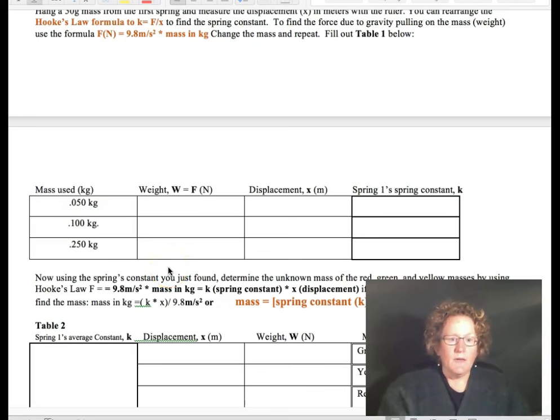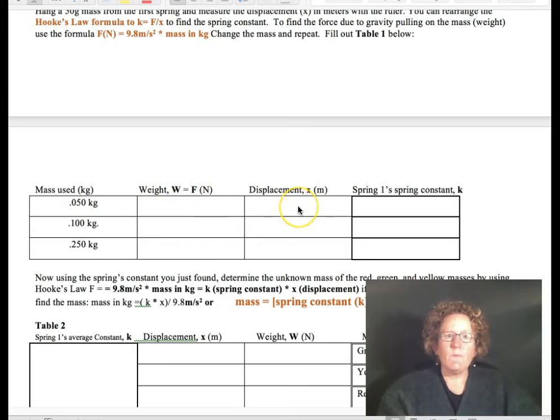It's just 9.8 meters per second squared, the acceleration due to gravity here on Earth, times the mass in kilograms. So this is why over here, the mass, instead of being listed in grams as it is in the simulation, is listed in kilograms. So this is 50 grams, this is 100 grams, this is 250 grams. So you multiply this number by 9.8 to get the force in newtons.